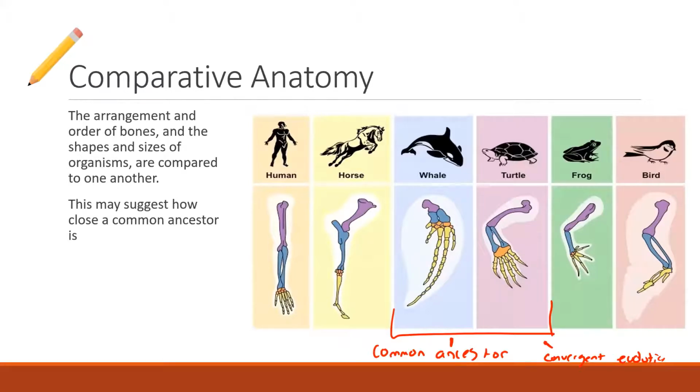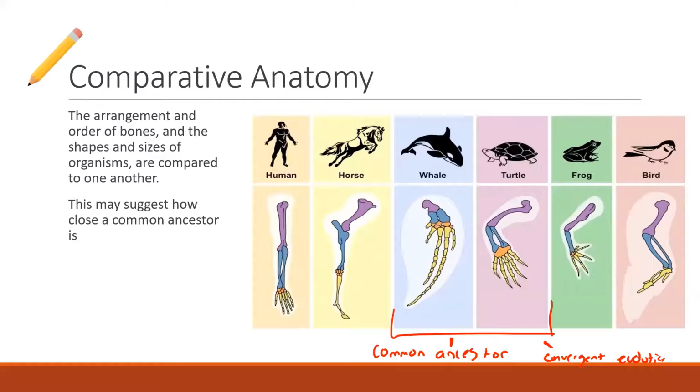So this gives us a lot of clues as to what's going on. I'm not going to go too much into these bones because I've already gone through the bone structures. But look at the frog. The frog is very similar to the turtle as well. So you might go backwards.